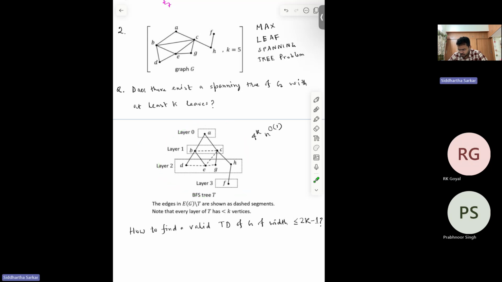And if all these n different trees are such that there is at least one big layer, so if you cannot avoid having a layer of at least k vertices in any of these n different BFS trees, then you don't have any hopes.